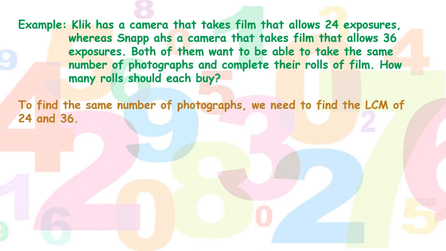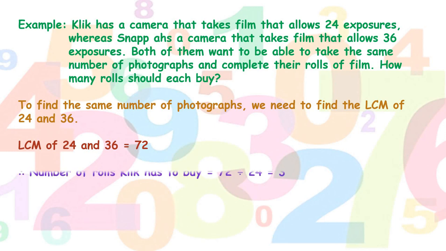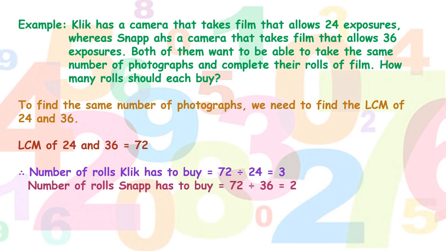The LCM of 24 and 36 is 72, and the number of rolls Click has to buy will be 3, because we divide the LCM by 24. And how many rolls should Snap buy? You are correct, it will be 2. Okay, next example.